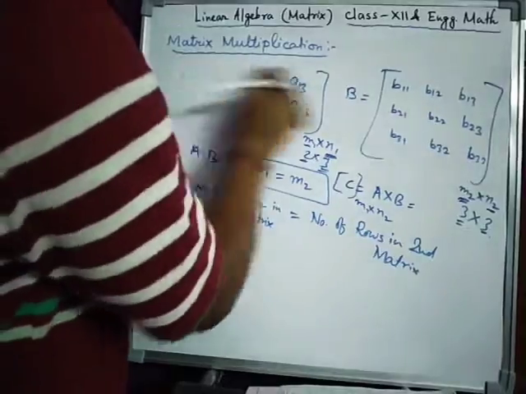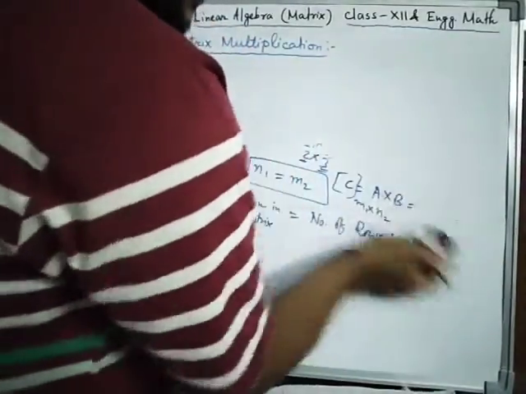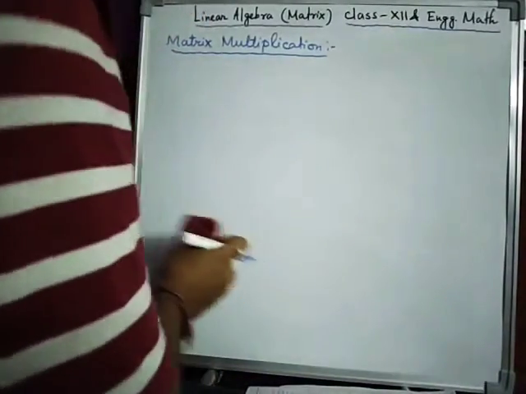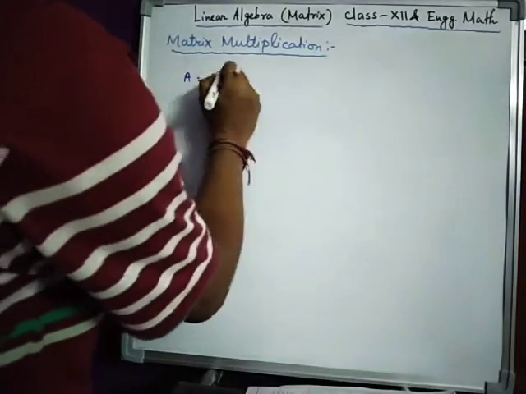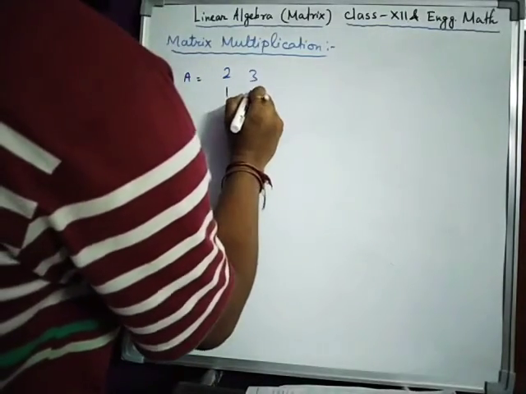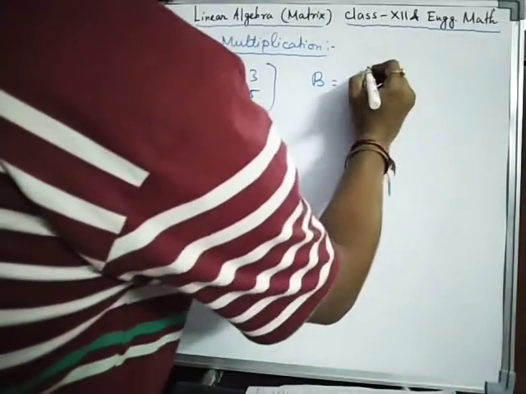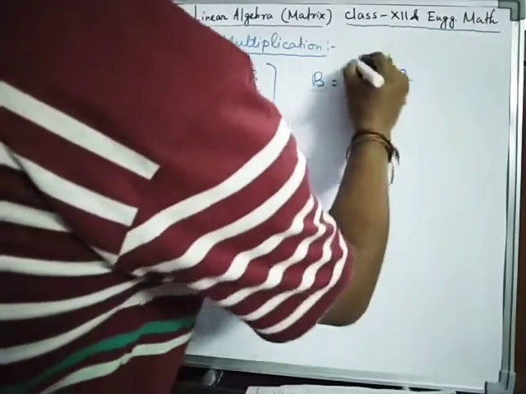I will show you some examples so that you can clearly understand. Suppose A is a matrix 2 3 1 5 and B is another matrix 1 2 1 3.